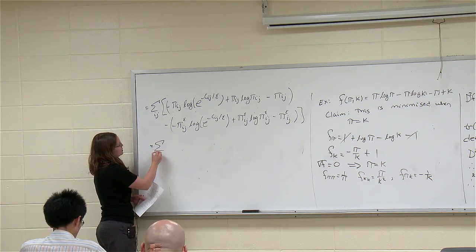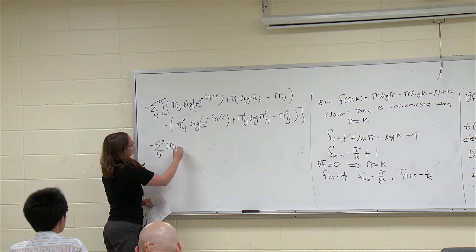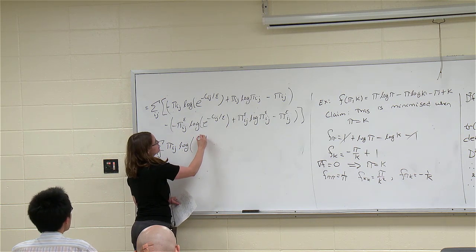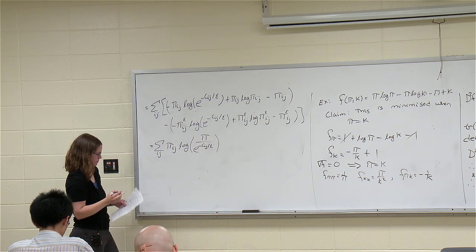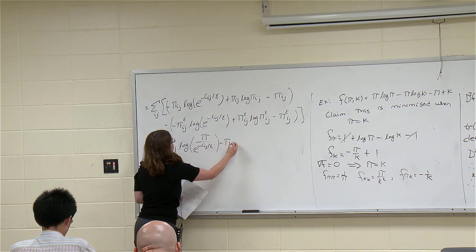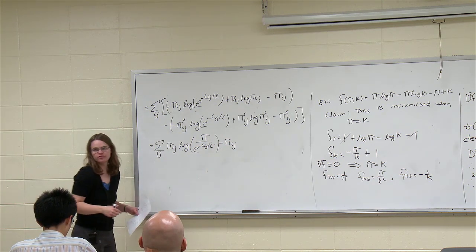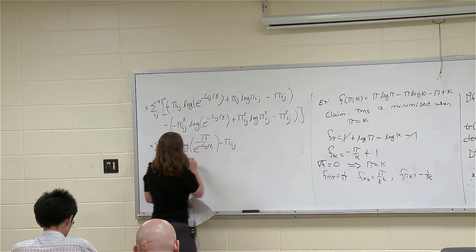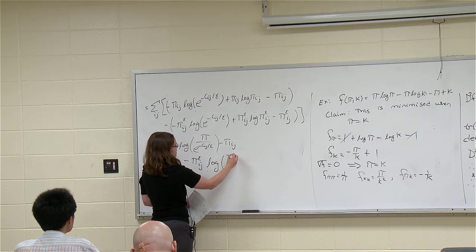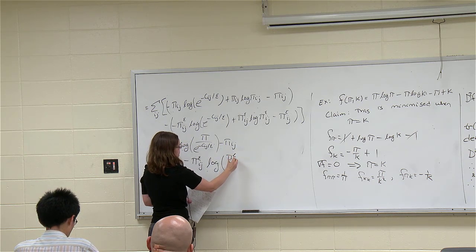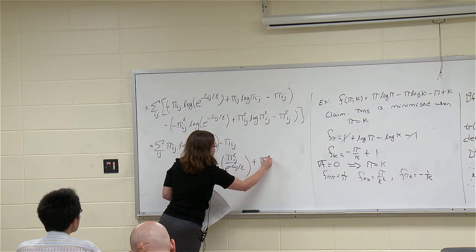Okay, so if we try to simplify this a little bit, combine my log terms a little bit, I have pi log pi over this exponential. Okay, minus pi ij. And then the same thing with the pi epsilons. So minus pi epsilon ij log pi epsilon plus pi epsilon ij.